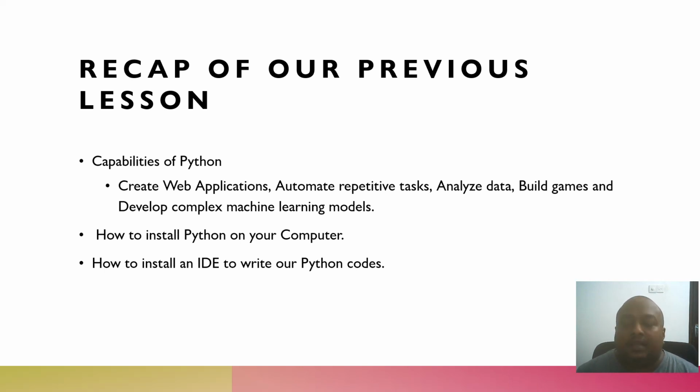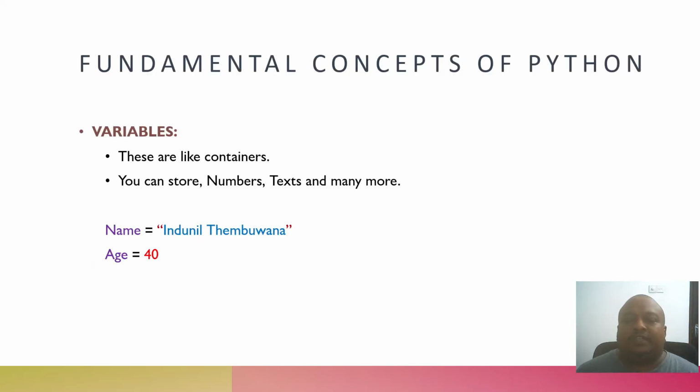Let's start by understanding the fundamentals of Python coding. Think of these as the building blocks of your code. First, we learn about variables. Variables are like containers. You can store numbers, text, and many more things.